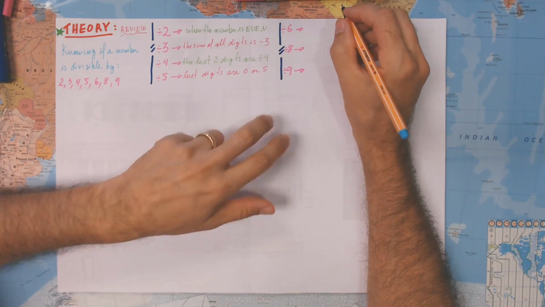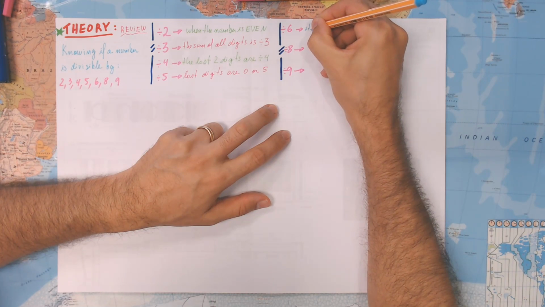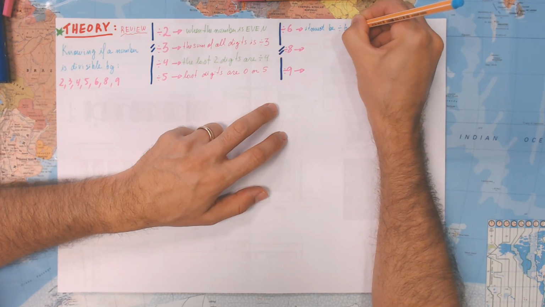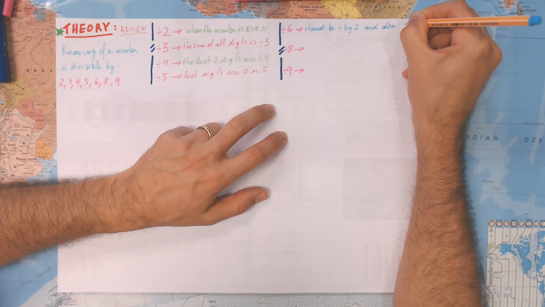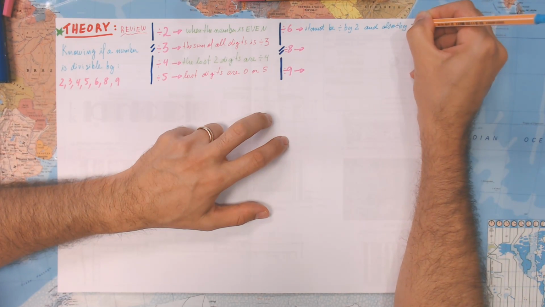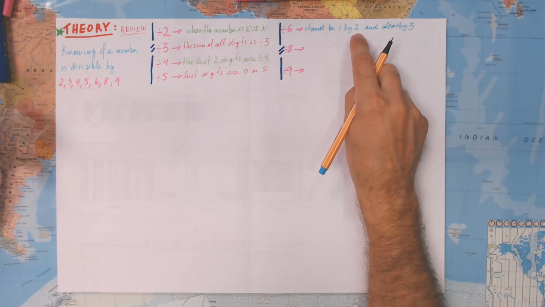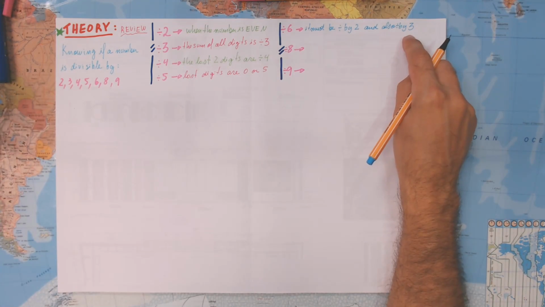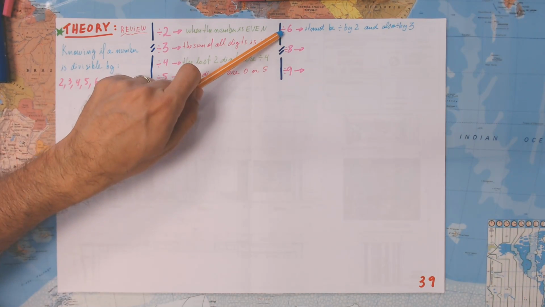Well, to be divisible by 6, it means that it must be divisible by 2 and also divisible by 3. Okay, so if that number is even and the sum of all its digits is divisible by 3, then we say that that number is going to be divisible by 6, okay?